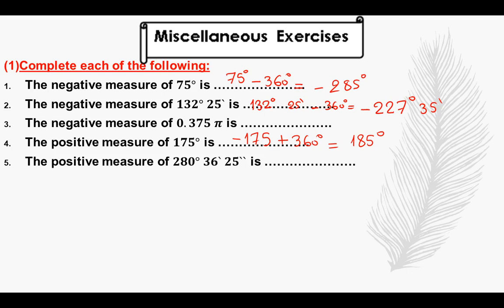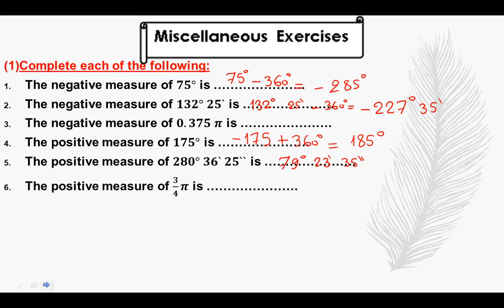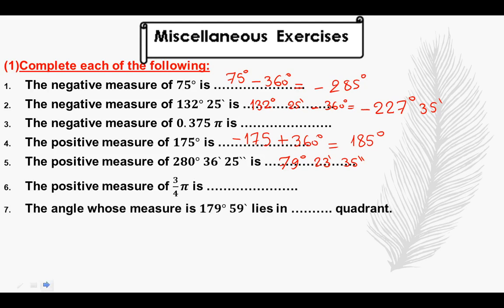Negative 280 degrees 36 minutes 25 seconds plus 360 degrees. The result will be 79 degrees 23 minutes and 35 seconds. Okay, let's go to another example. The positive measure of 3/4 pi.